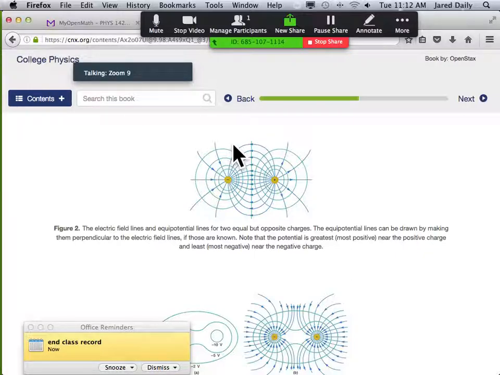You have positive on this side, this would be 20, and then 15, and then 10, and then 5 maybe here, and then this ends up canceling out with this one. The 5 and the negative 5 cancel out in the middle, and eventually it becomes 0. You actually get a zero potential in the middle. In other words, the negative potentials and the positive potentials cancel each other out in the middle.